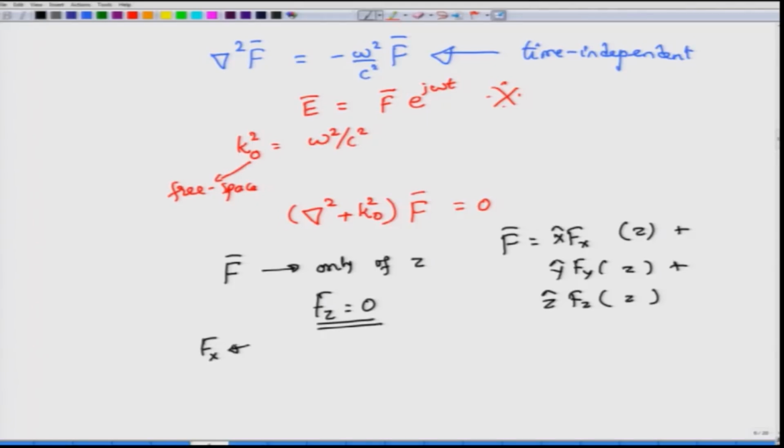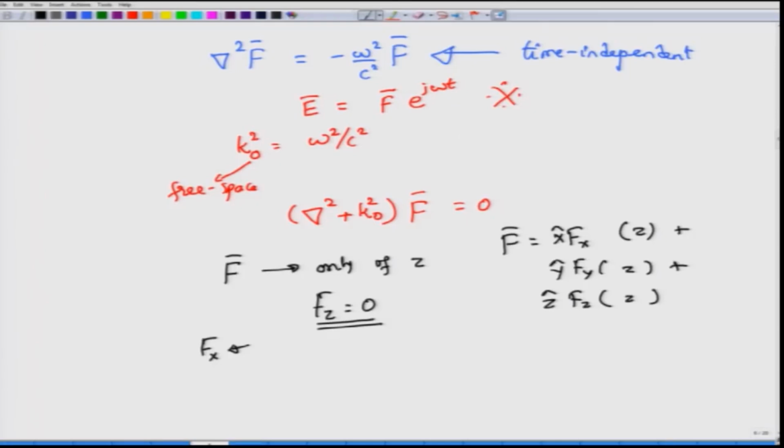Whatever I do on fx, you can do for fy with some sign changes, please keep that in mind. So, what I have done is to assume that there is no electric field component along the z direction, and whatever field components I have will be either along x or along y or along combinations of both, because both are actually allowed.